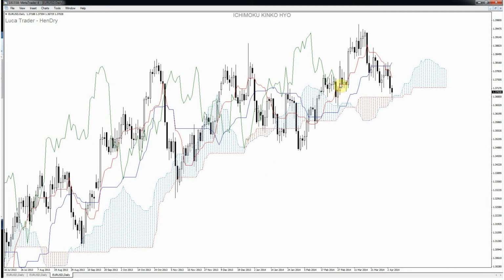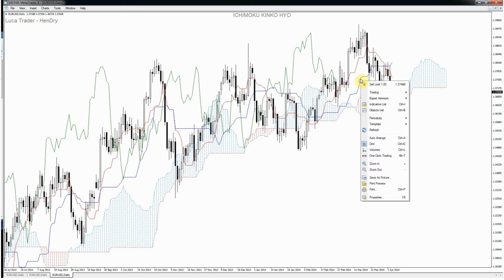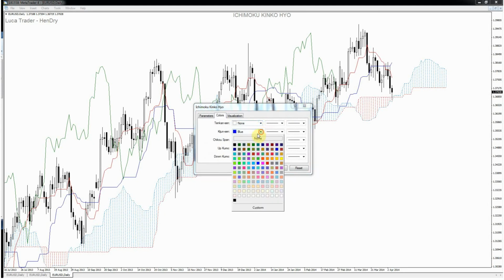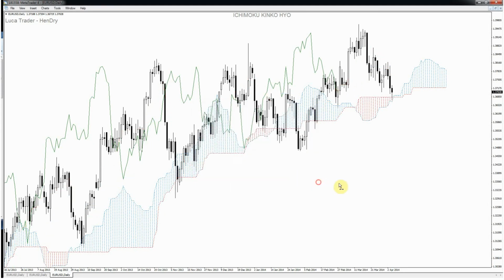Let's move to the third component, the Chikou span. Chikou span here, right? So what is the Chikou span? The calculation behind the Chikou span is pretty funny. To make it a little clearer, let's make a small modification and change the color to none to see a clear margin.